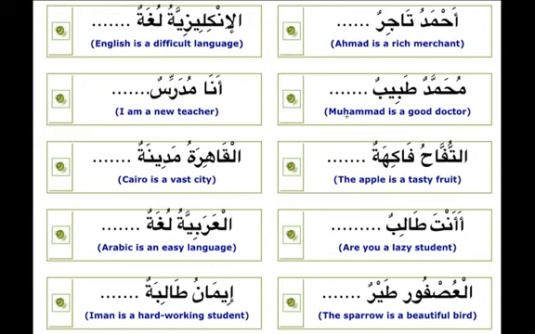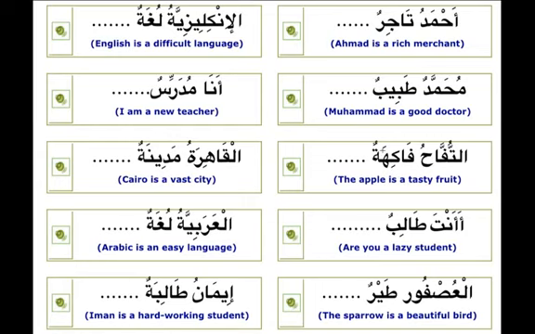Muhammadun tabibun. We're saying good doctor. So we have to say Muhammadun tabibun jayyidun. Jayyidun means good. Ana mudarrisun. And we're telling I'm a new teacher. New means jadidun. So we say Ana mudarrisun jadidun. At-tufahu fakihatun. Tasty means lazizun.